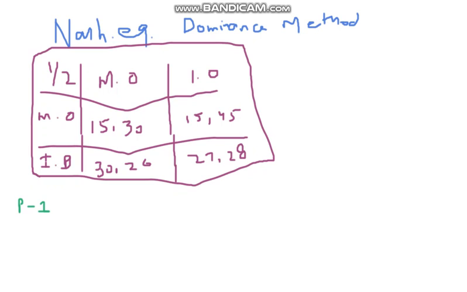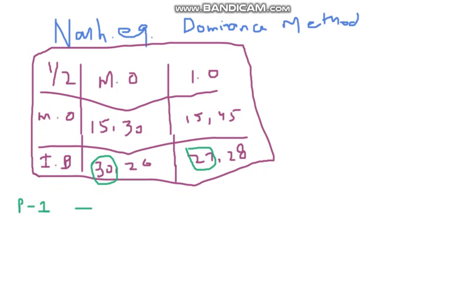The player 1 gets the payoffs of 30 and 27 when it chooses to increase its output. These payoffs are greater as compared to the strategy of maintaining output.